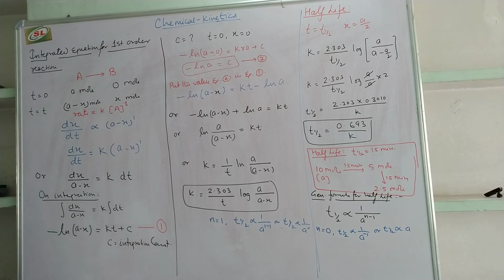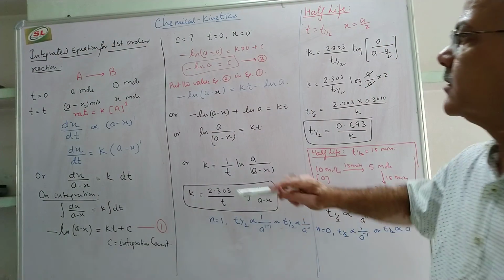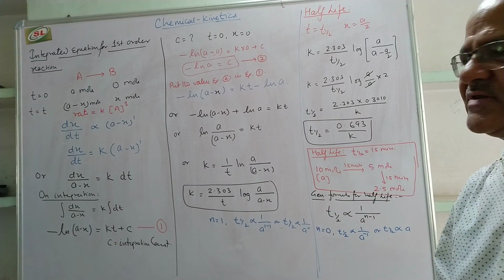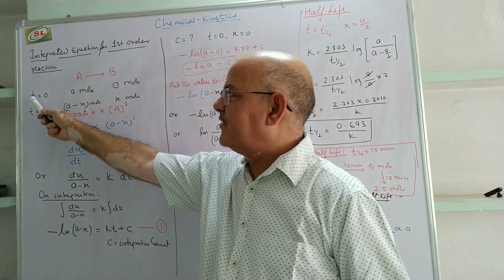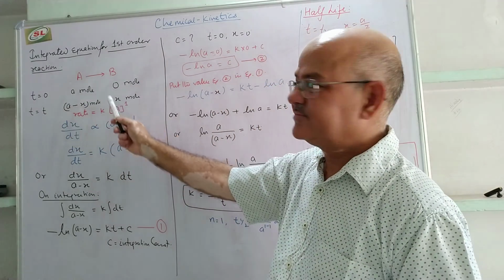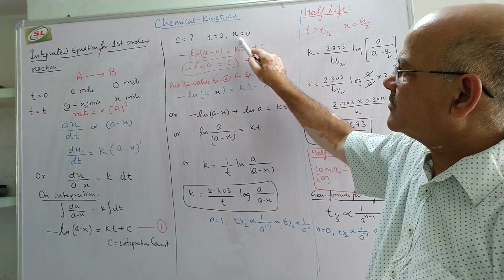This equation has an integration constant, and we will find the value of c. To find it, we say that when the time was 0, x was 0.